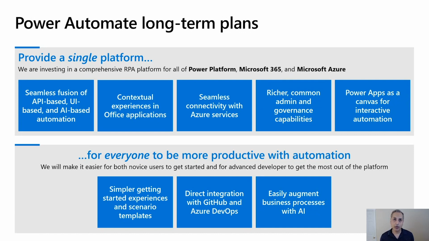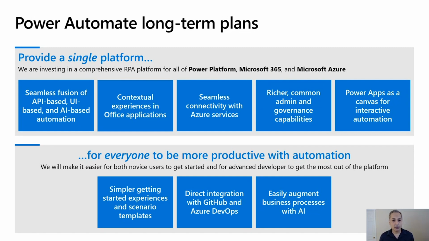For example, another announcement today is Project Cortex, which allows you to define AI Builder models associated with document libraries so that whenever new documents are added, AI Builder can automatically extract content from those documents and add it into columns in the SharePoint list.